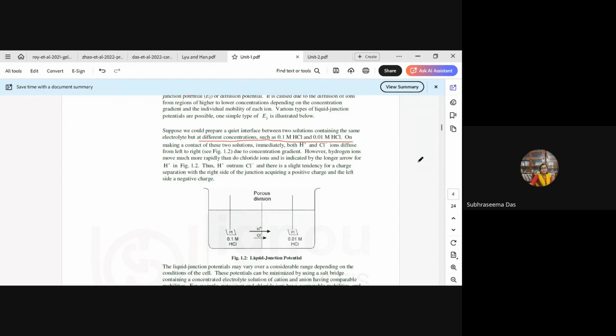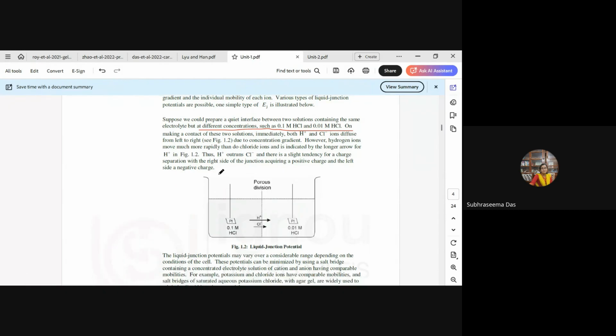So when these two solutions, the 0.1 molar HCl and 0.01 molar HCl, are brought together, then both the H+ and Cl- ions, if you look at figure 1.2, move from left to right. Why do they move from left to right?